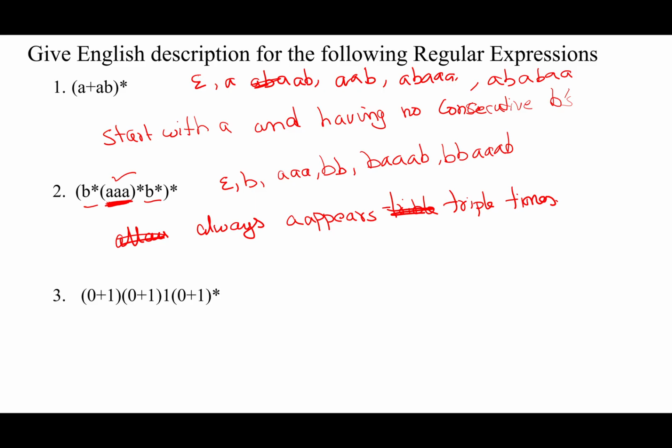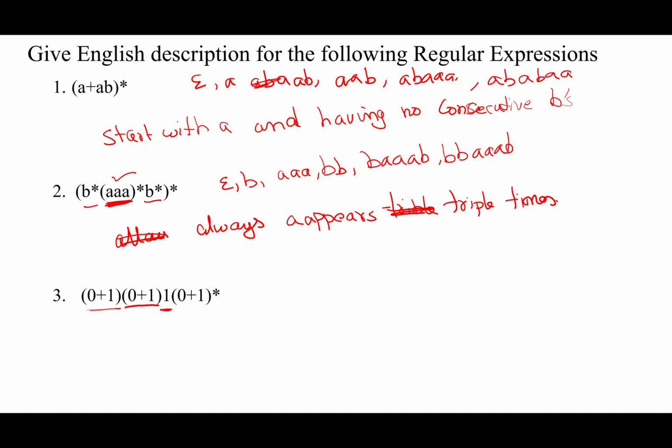Okay, the next one, (0 plus 1)(0 plus 1) 1 (0 plus 1) the whole star. So what is the meaning? Here the first can be a 0 or 1, and the second is a 0 or 1, and the third is a 1, then the last one, (0 plus 1) the Kleene closure. So it can be a 0 or an empty string, right?